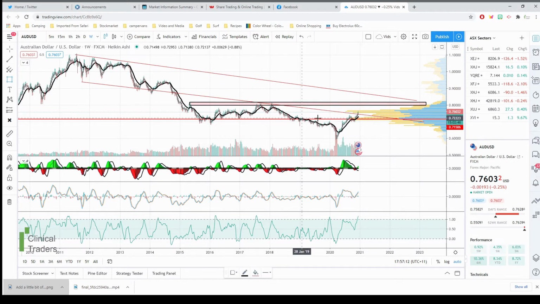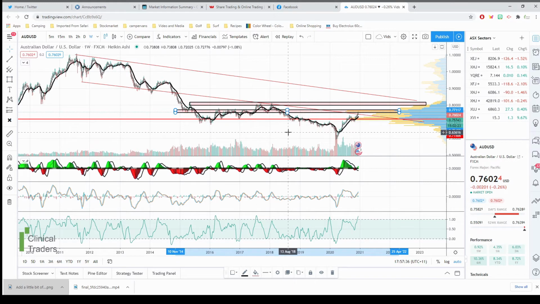We also have this lower bound here where we have the volume profile really sticking out a long way. So this indicates where we've had a lot of volume of trading at that price, way back over in these areas over here. So I'd also consider that to be a point at which the Australian dollar might stop. Perhaps it lines up with that low over here. You know, that might be something you look at in terms of the top.